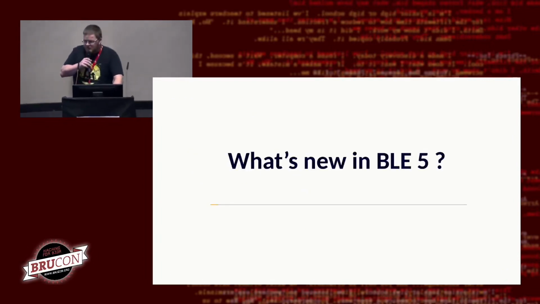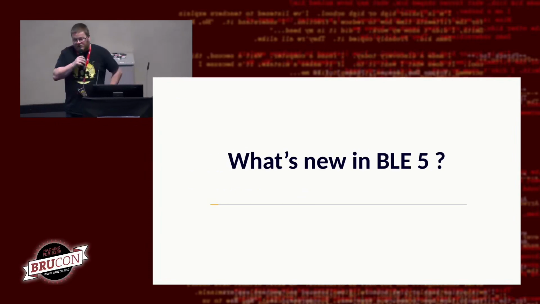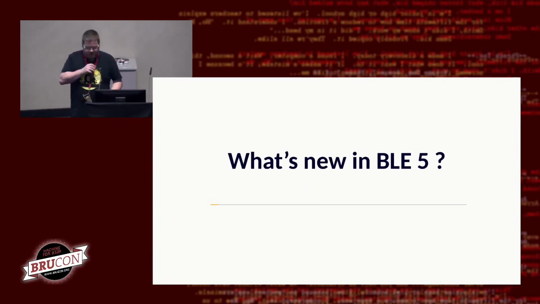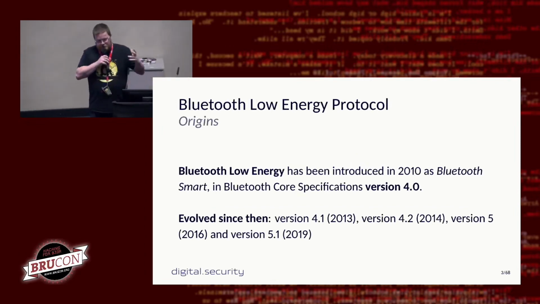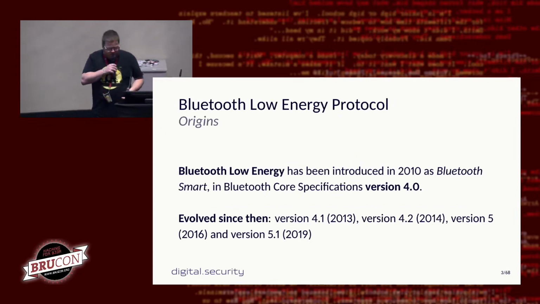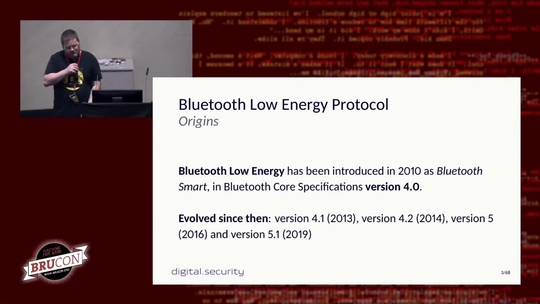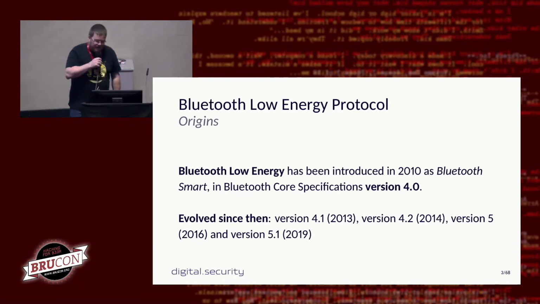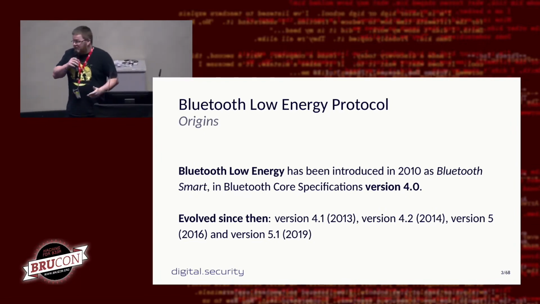So we are going to talk about BLE5. BLE5 is a new version of this Bluetooth Low Energy protocol. The Bluetooth Low Energy protocol was designed and introduced in 2010 as Bluetooth Smart as part of the Bluetooth core specifications version 4.0, and it has evolved since then.